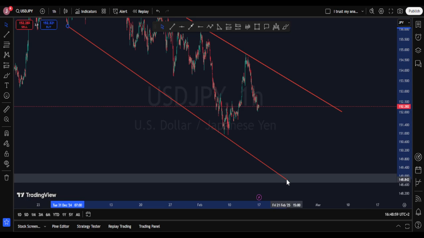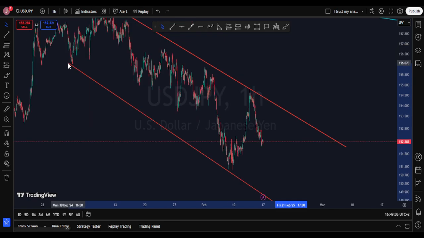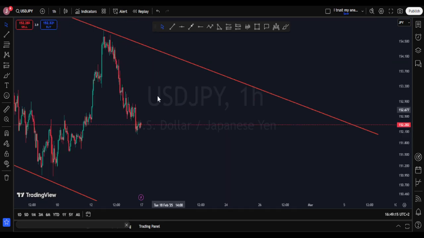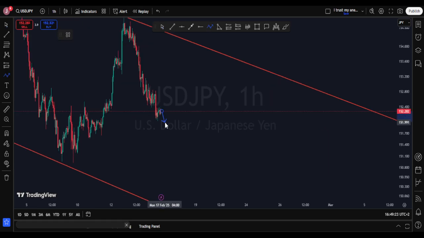See the pattern, ladies and gentlemen. This is the descending pattern. And if I zoom in, we have a nice bullish trend to the downside. So simple, ladies and gentlemen, simple. Just be looking for that continuation pattern.